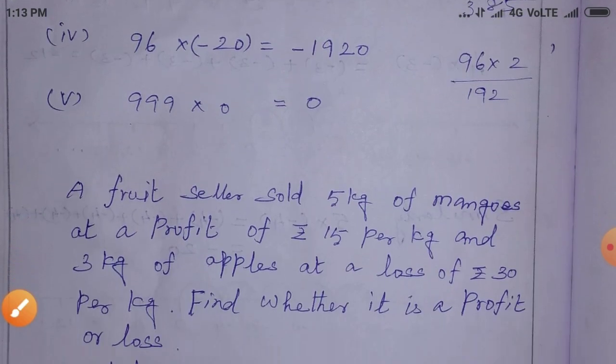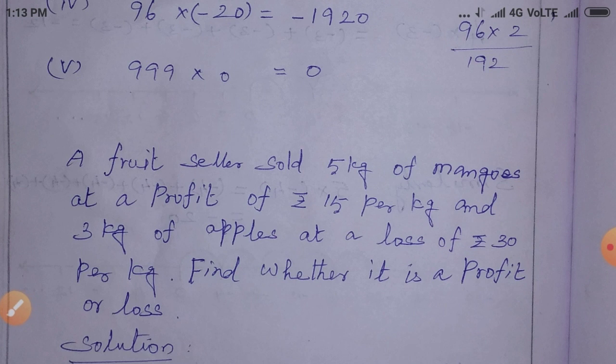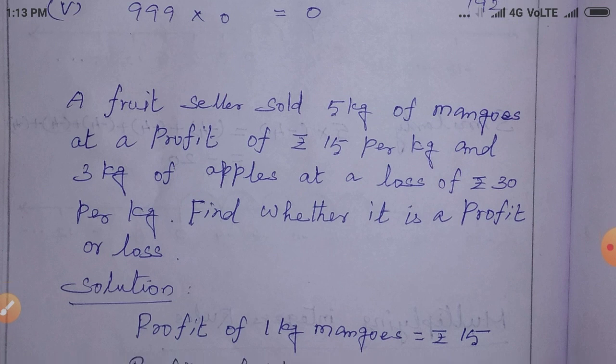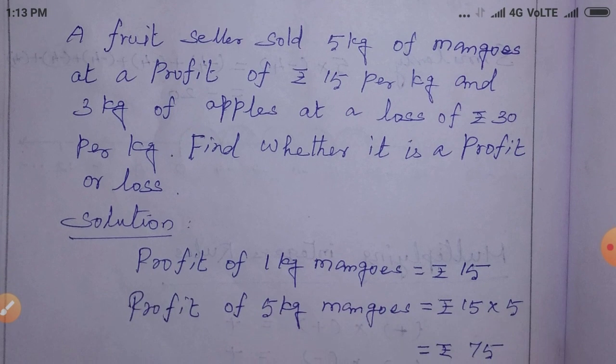Next, a fruit seller sold 5 kg of mangoes at a profit of rupees 15 per kg and 3 kg of apples at a loss of rupees 30 per kg. Find whether it is a profit or loss.